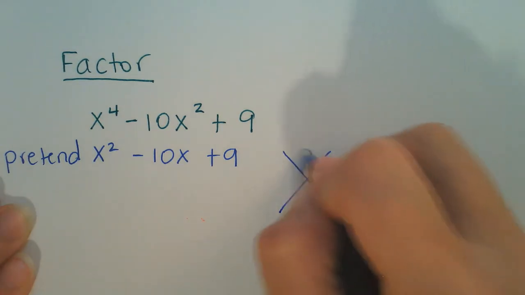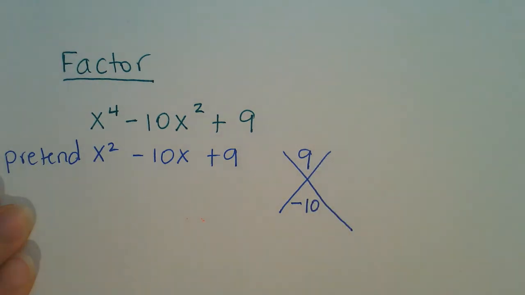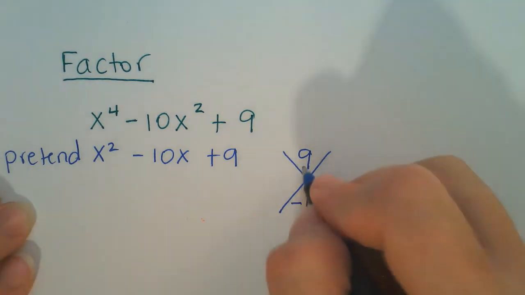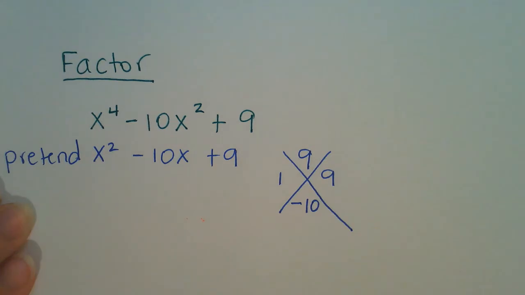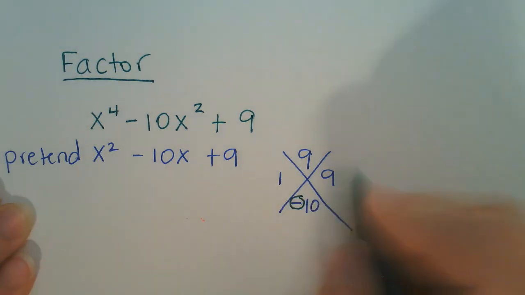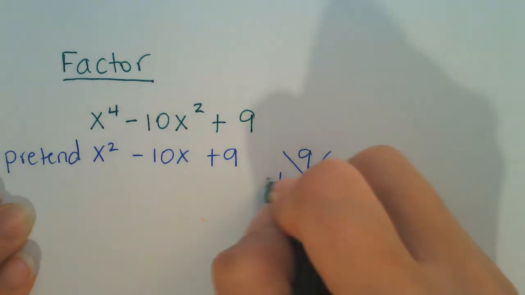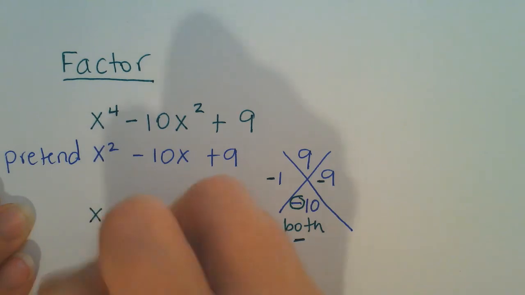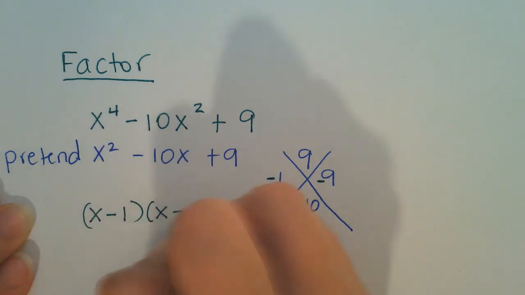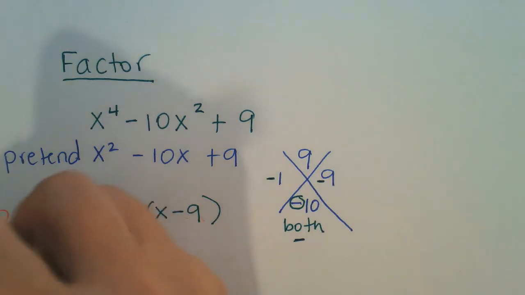So I'm going to find factors of 9 that add to negative 10. So 1 times 9 is 9, but since I have a negative down here, that tells me they're both negative. So a negative 1 and a negative 9. X minus 1, x minus 9. Please, please, please don't forget to put the extra x's back.